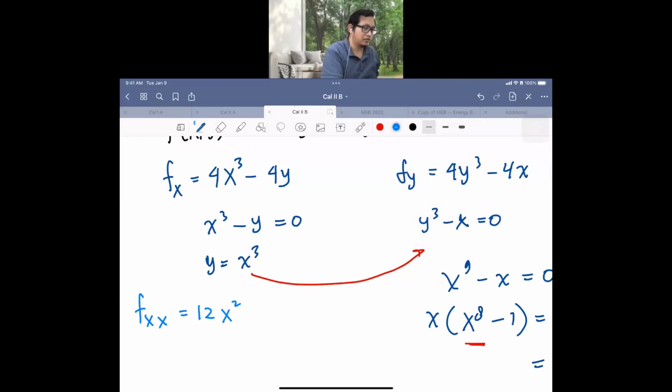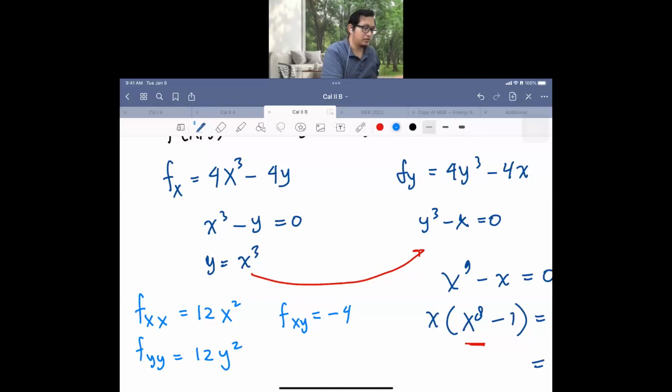And then partial yy will be 12y squared, right? And then partial xy will be negative 4, and yx is the same, as we mentioned earlier in the class. So we just need these three partials.